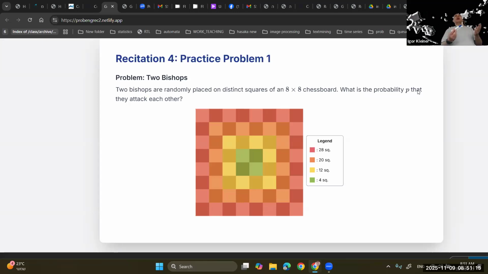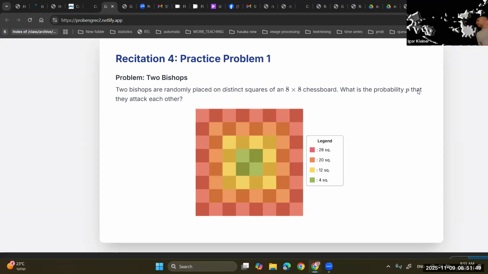How do bishops attack? By diagonal. Bishops can move and attack along a diagonal. This bishop can attack here, here, here, every square on its diagonal. It's a probability question.